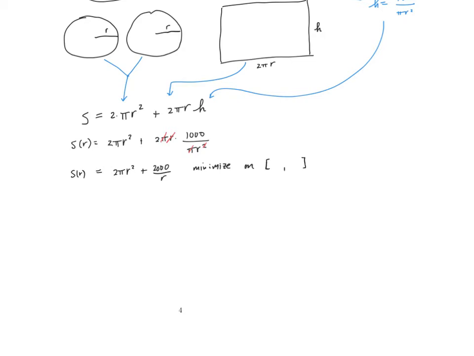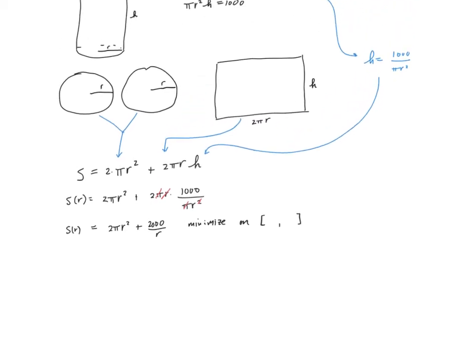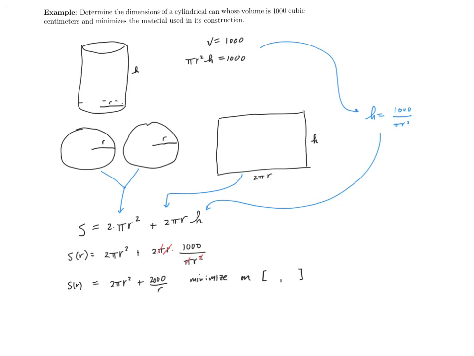And this is maybe something we need to think about for a moment. r is representing the radius of our cylinder, and the cylinder has volume equal to 1,000. So we think, how small could the radius be? Well, it's not really technically correct, but it certainly can't be negative. So we could say 0 is what bounds it below.